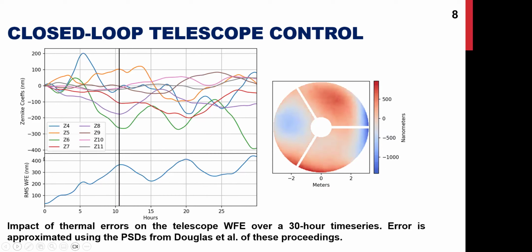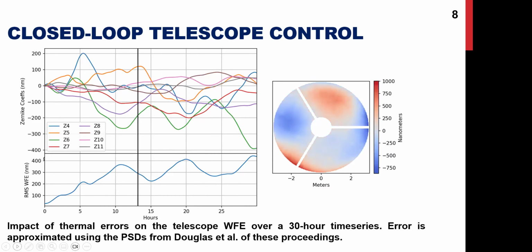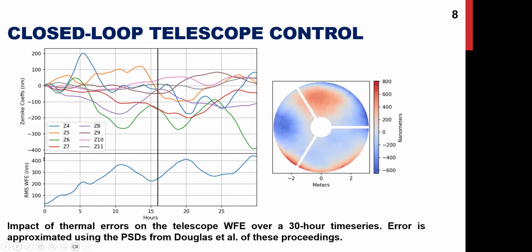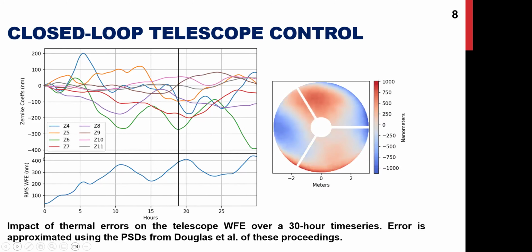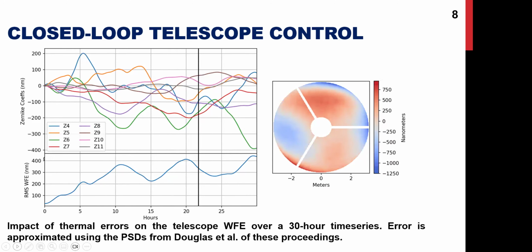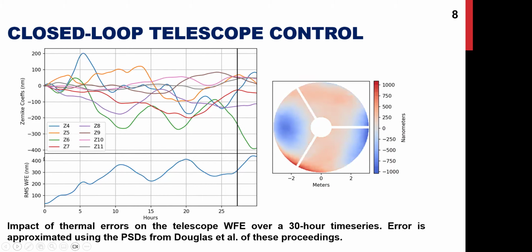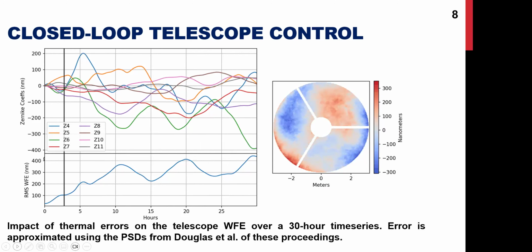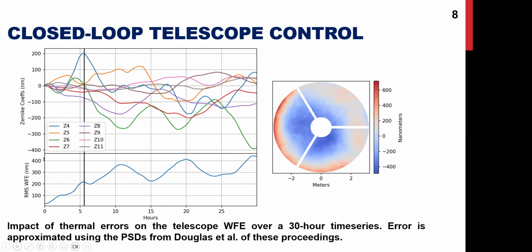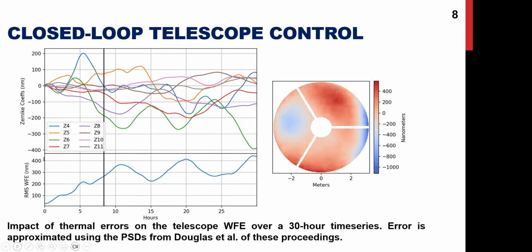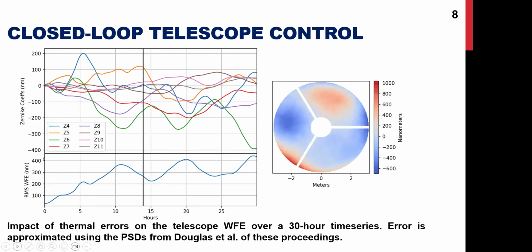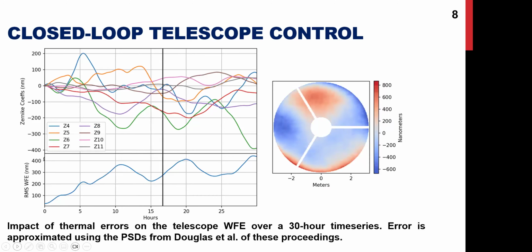The resolution's terrible, but you can see a little bit of fuzziness, the higher order errors riding on top of it, especially at the very beginning before all these start really evolving. Given those PSD parameters, if we don't control anything, thermal kind of ruins everything. This is bad. That's 700 nanometers of RMS wavefront error, and that's going to ruin everything for us over the course of 30 hours.